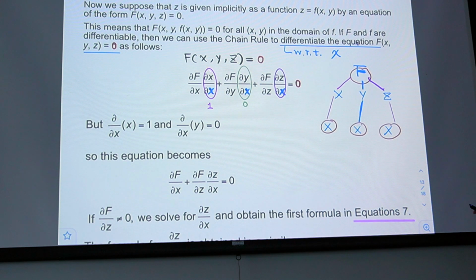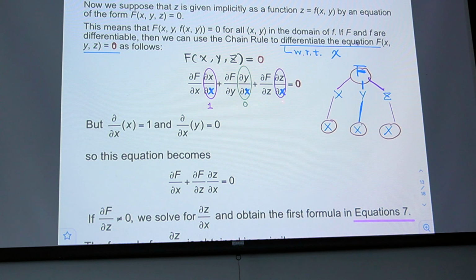But then we know that partial x, partial x is equal to 1. And what about partial y with respect to x? Remember, the two are independent. So partial y, partial x is equal to 0, because the y here is not a function of x. So when this equals 1 and this equals 0, this term here disappears. We can solve for partial z, partial x.